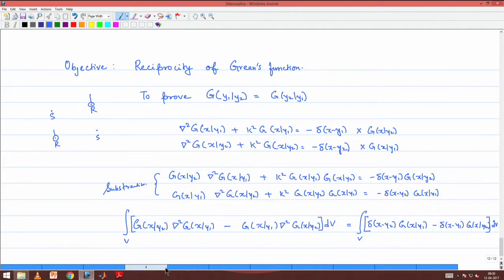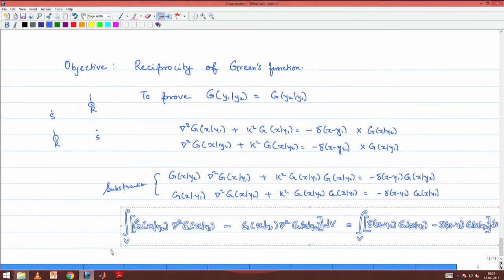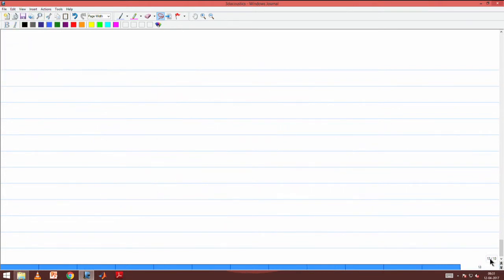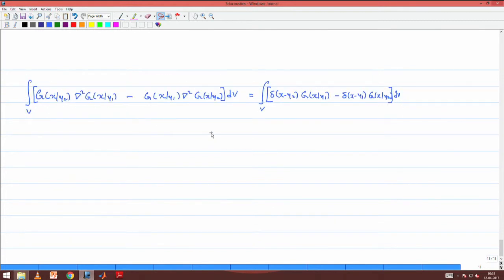Now, in the next step we will use two very important results. Before stating that, let me just copy and paste this in the next page. Okay, so, having obtained this relationship, we will use two very important results.